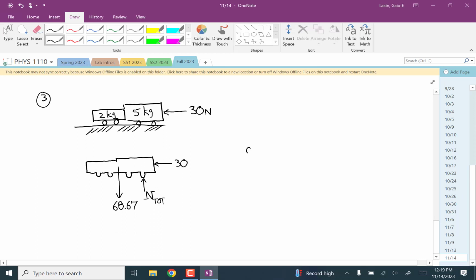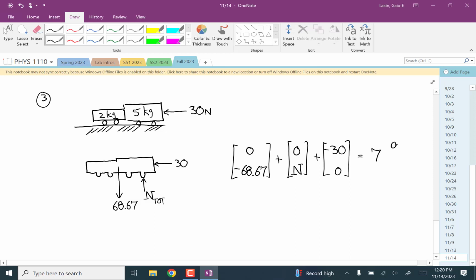So Newton's second law says 0, negative 68.67 plus 0n plus negative 30, 0 is equal to the mass times the acceleration.